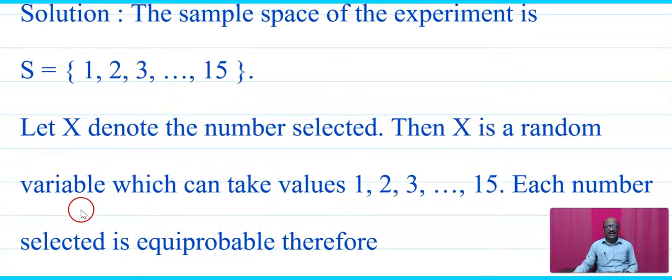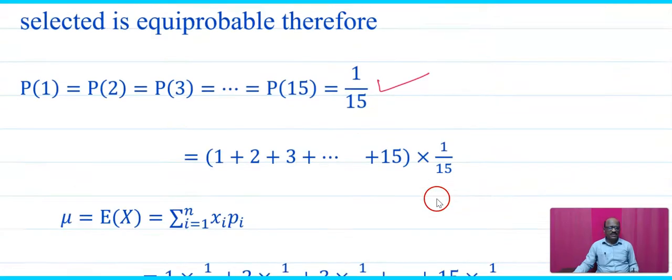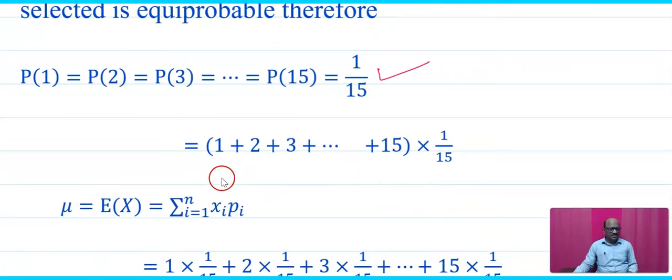Then X is a random variable which can take the values 1, 2, 3 up to 15. Each number selected is equiprobable and therefore the probability of each of these numbers is 1 upon 15. And their sum, that is 1 plus 2 plus 3 and so on, into 1 upon 15.